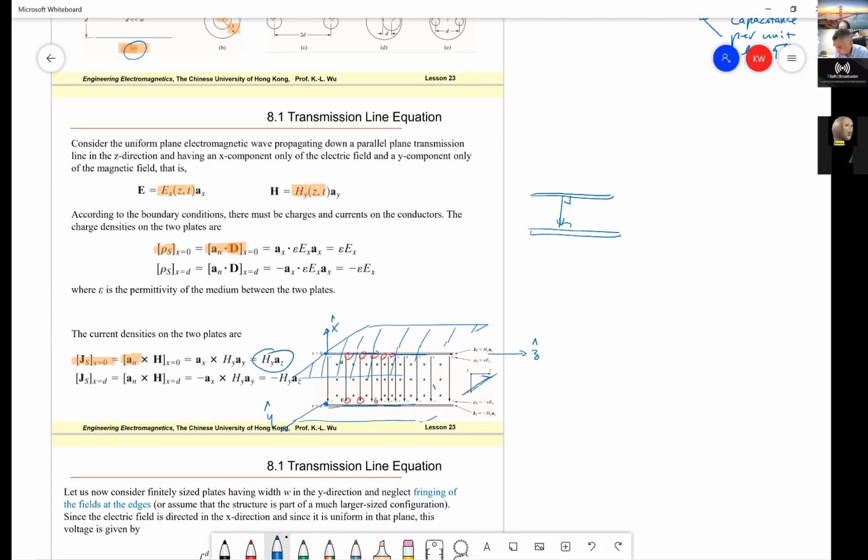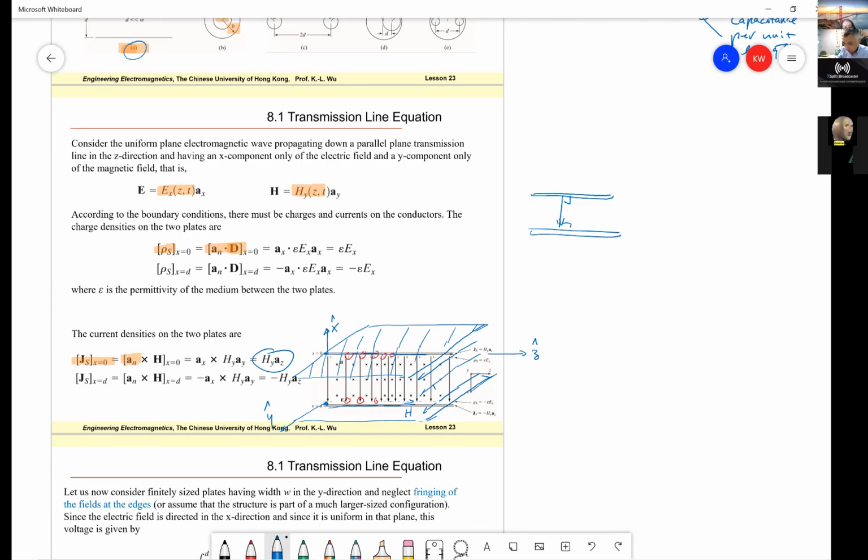The magnetic field is still in the same direction. The magnetic field inside this plate is not changed.